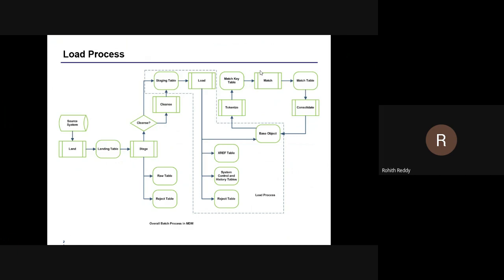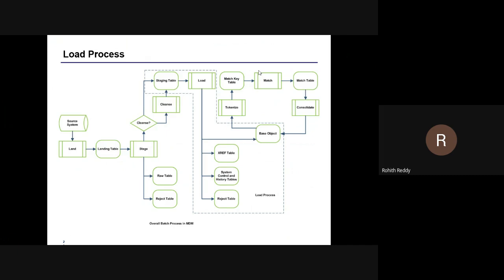Based on the properties we configure, the similarity scores are considered, and then it picks the trigger and marks that record as a match record. We can see the match records in the match table.